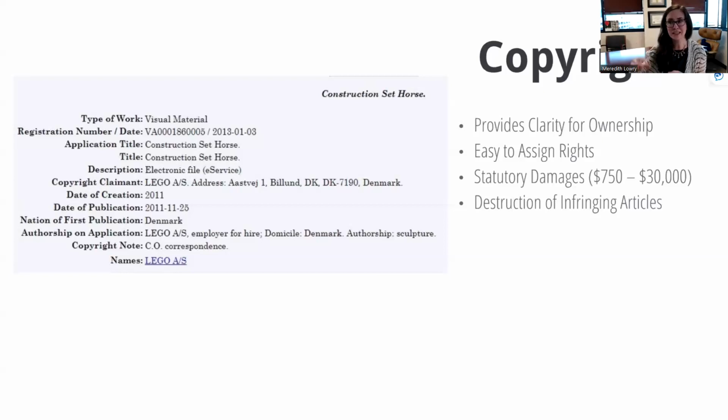You're going to see the detailed information from the form, but not the deposit material that was sent in. So this is for a construction set horse. I can't see the horse. I can just see when it was filed and get a sense of how long this will last.